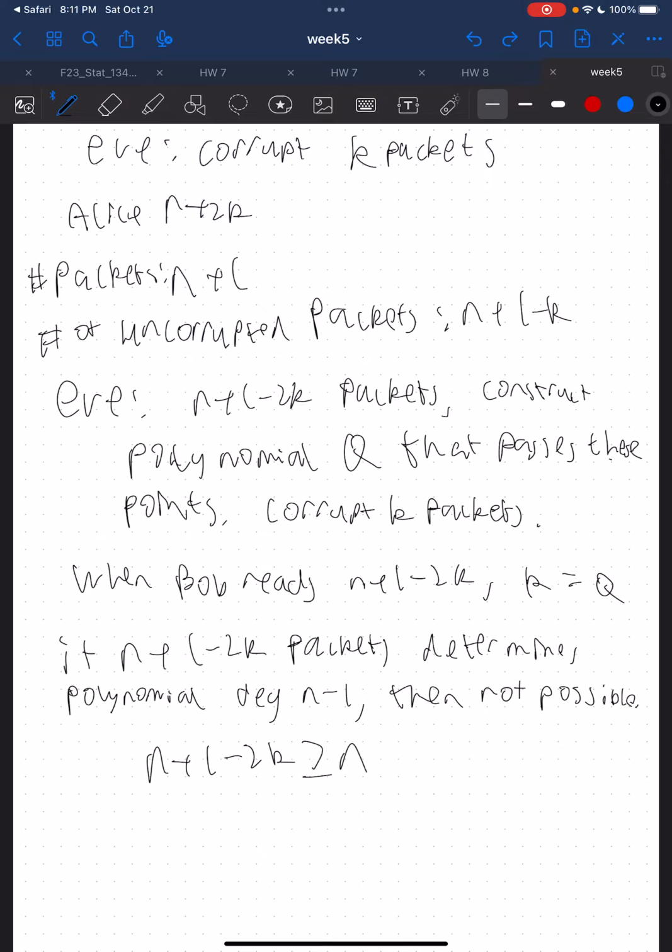We need n points to determine a degree n minus 1 polynomial, so there are still some points left to set if this is not true. So when n plus L minus 2k is less than n, Eve can corrupt. And when this holds, Eve can't corrupt. Sorry for the bad handwriting.